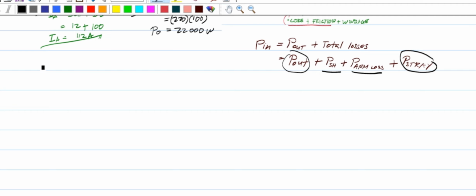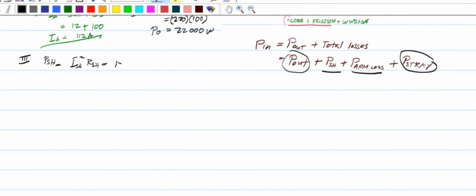Therefore, step 3: PSH is equal to ISH squared times RSH.